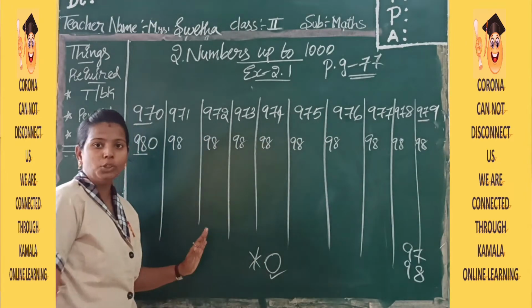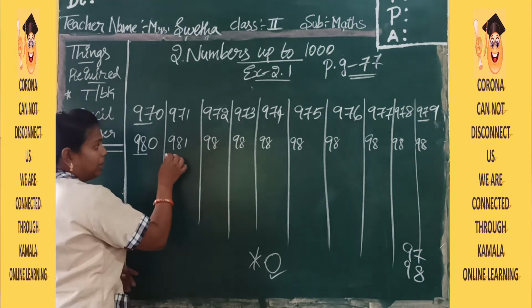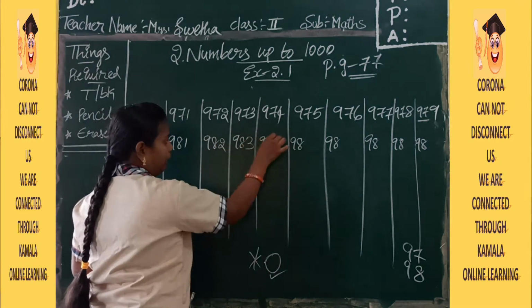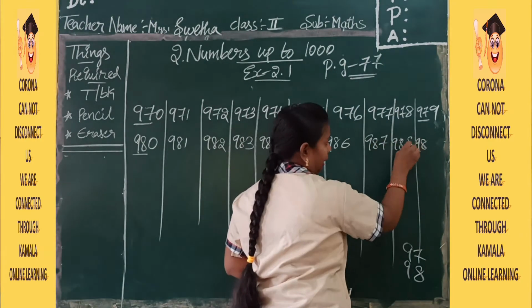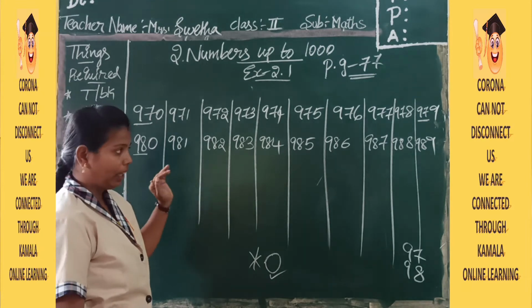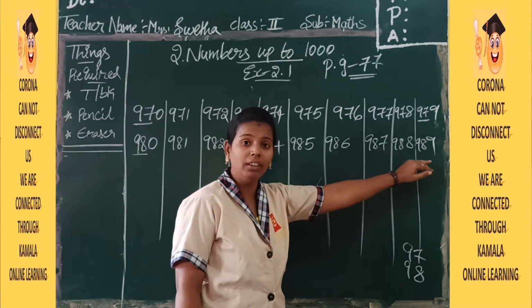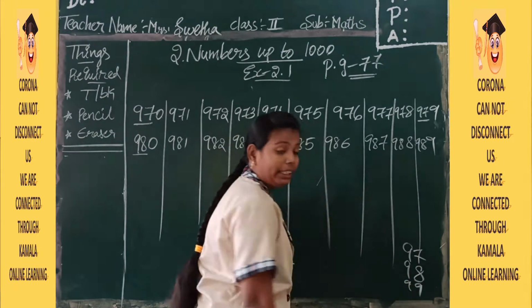Till the 9th place you will have the same, and you follow with the 1 to 9 numbers: 1, 2, 3, 4, 5, 6, 7, 8, 9. Till the 9th place it is the same. Then again you go with the next number. After 98, what will you get? 99.